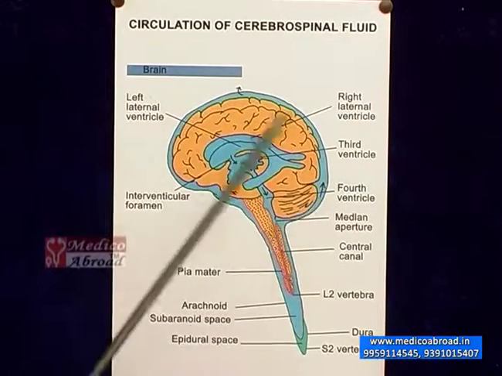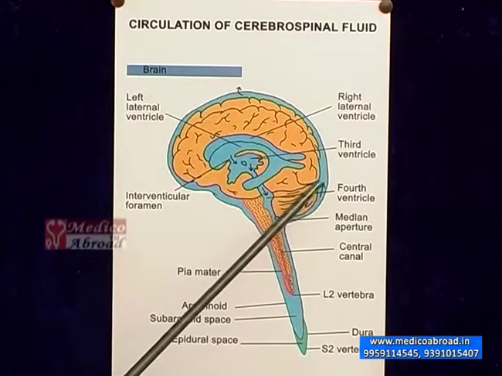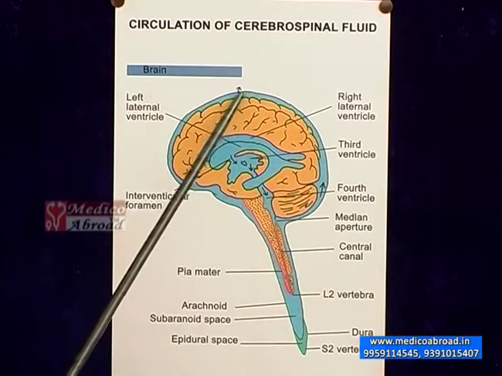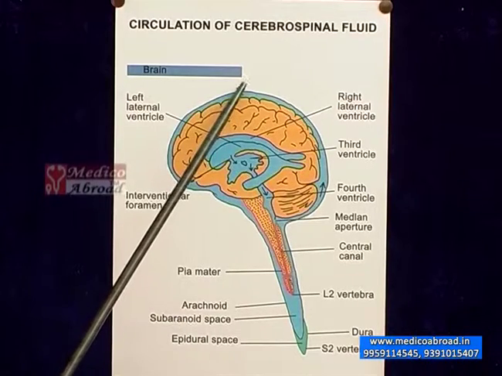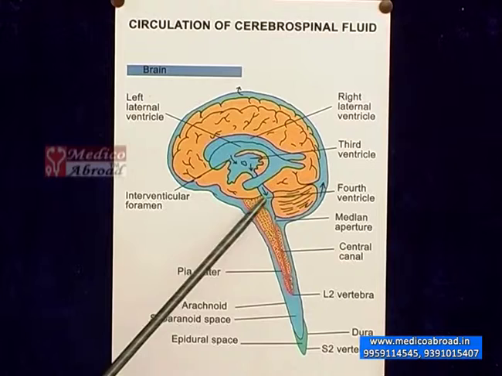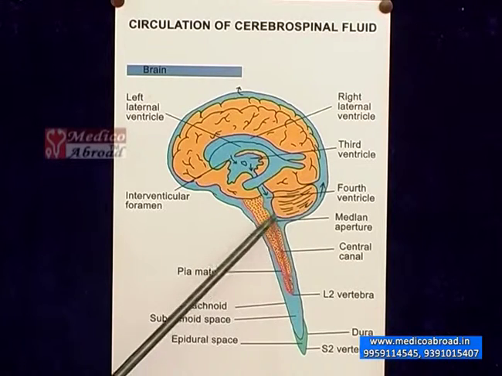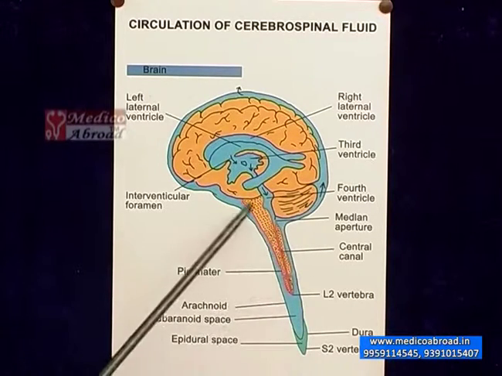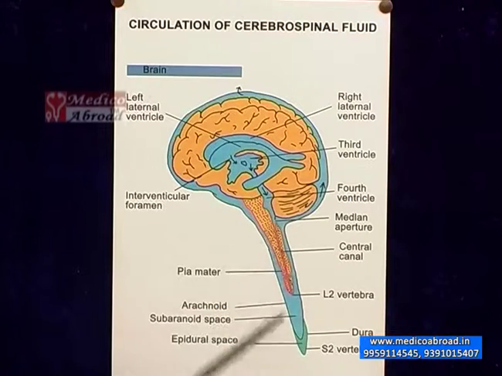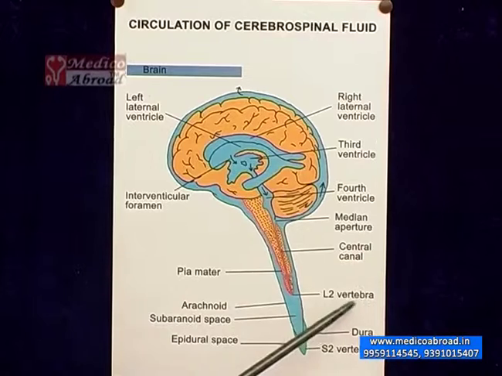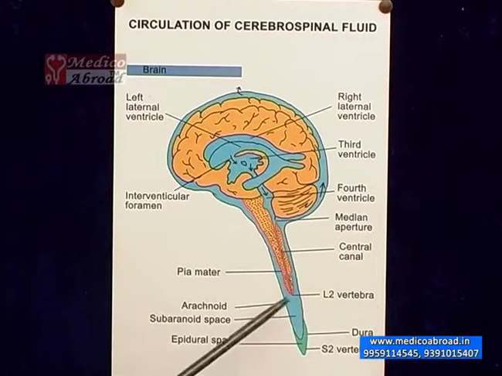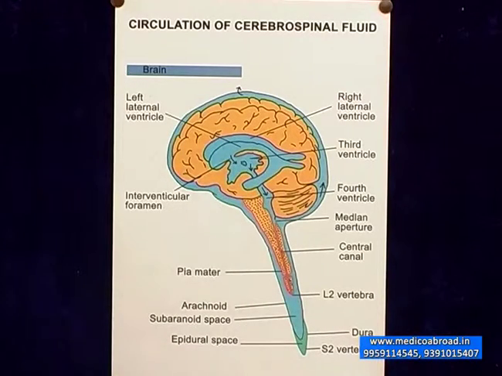After circulation here, the CSF is absorbed by the arachnoid villi and granulations. That's the absorption of the CSF. The CSF bathes both the inside and the outside of the spinal cord, which ends here at the L2 vertebral level. So this is the circulation of the cerebrospinal fluid.